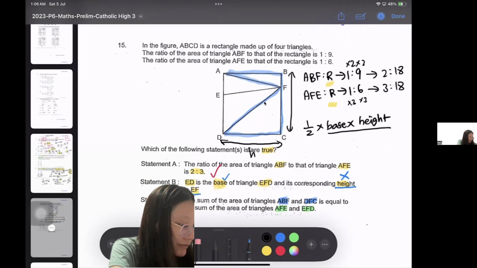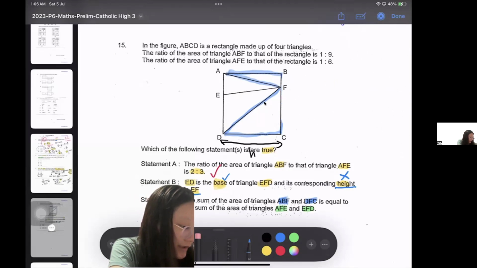Okay, I'll show you. Their base is this part plus this part, which is basically the same as the side of the rectangle. This is their base. And their height is this part.